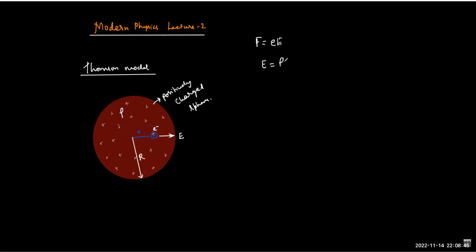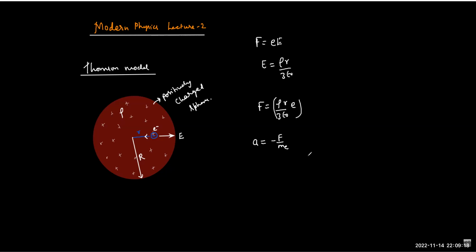So the force acting on this electron will be towards the center, because we know the field is radially outward, so the force will be radially inward because it's a negative charge particle. Therefore the force value is e into E. So in vector form, we can write the acceleration vector equals minus F by m.